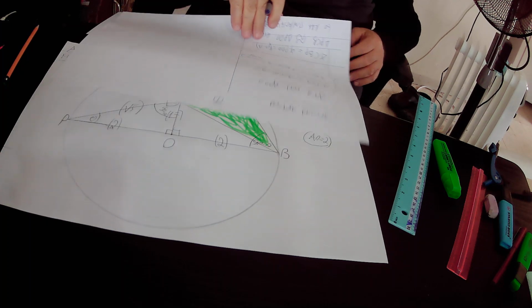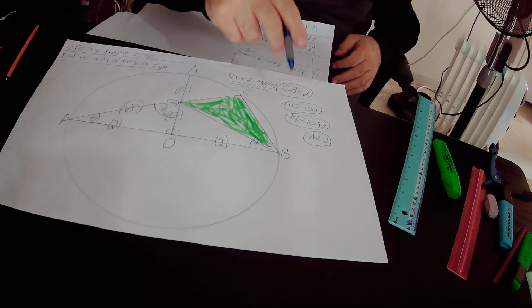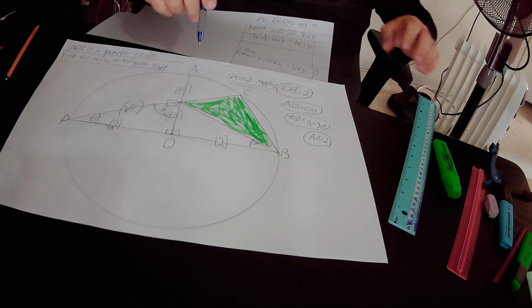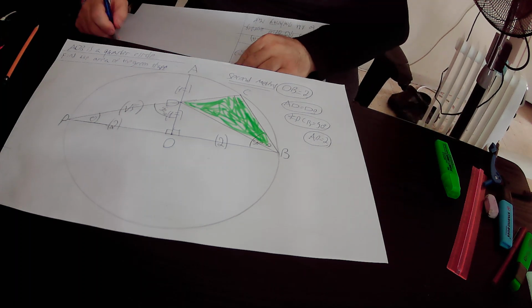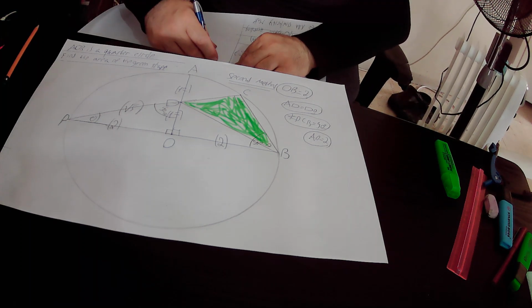And from the fact that the right big triangle PCB is similar to the right small triangle PDO, we will derive that the following relationship exists between their sides.